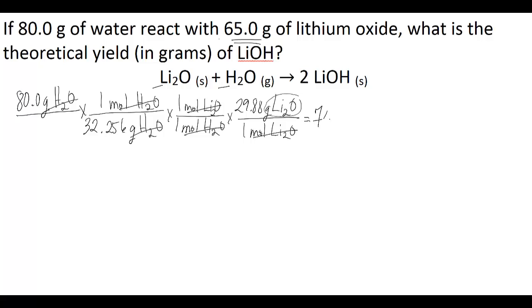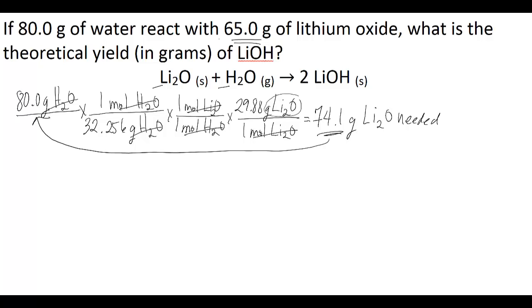You do the math, you get 74.1 grams of lithium oxide being needed to react with the given 80.0 grams of water. Now you only have 65 grams of lithium oxide to work with, so that tells you that lithium oxide is limiting. So once you know what the limiting reactant is, you want to use the starting quantity for the limiting reactant to find the theoretical yield of the product.